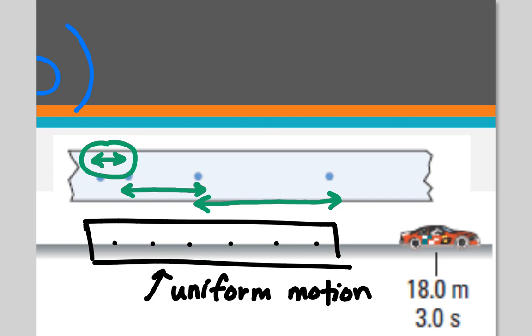In the second interval, which is the same time, you travel that far. And then in the third interval, same time, you travel that far. So what is it saying? You're covering more distance in the same amount of time, each interval. So you are, in fact, speeding up.